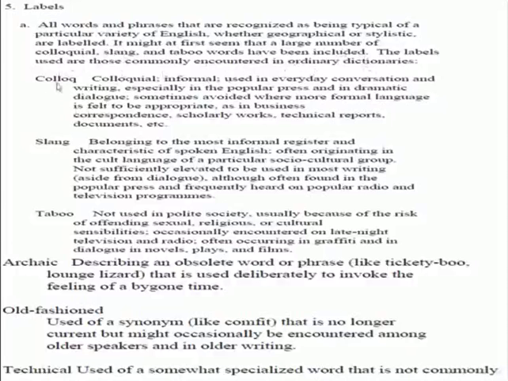Here we mean colloquial: informal, used in everyday conversation and writing, especially in the popular press and in dramatic dialogue, sometimes avoided where more formal language is felt to be appropriate, as in business correspondence, scholarly works, technical reports, documents, etc.